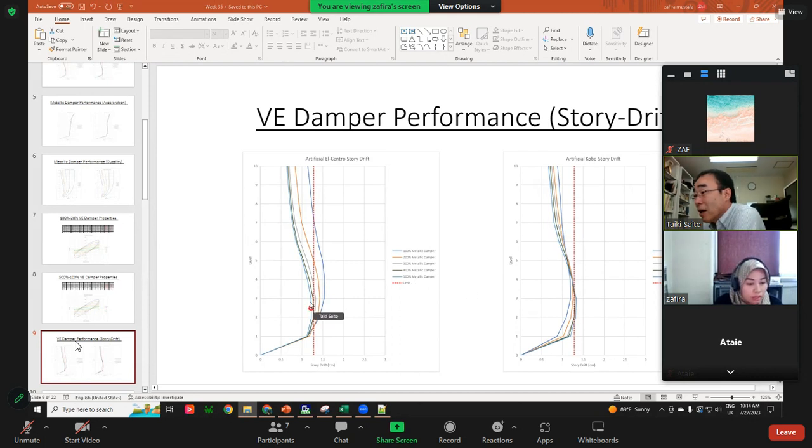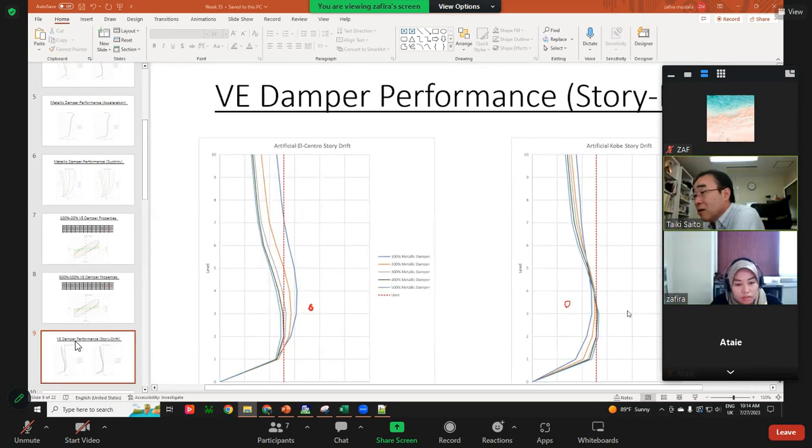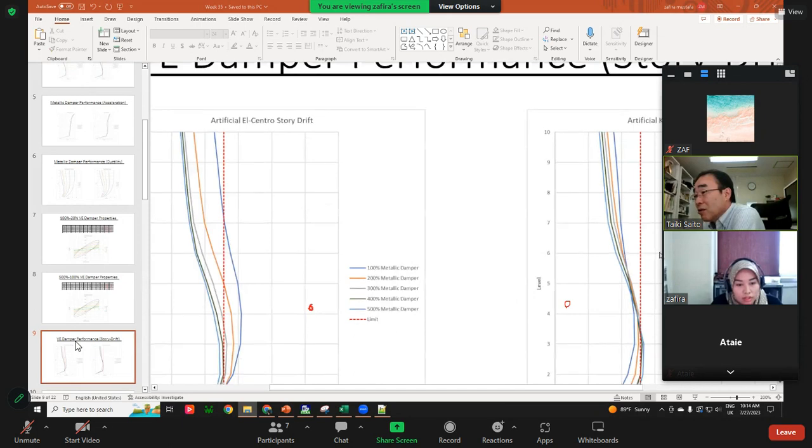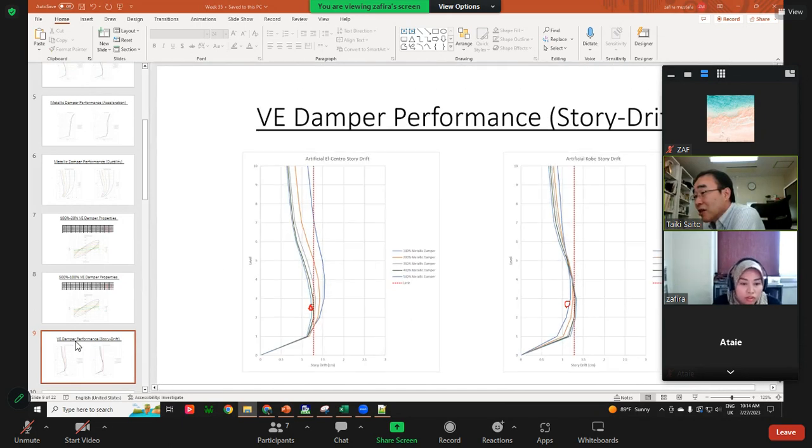So this is 500, and this is also 500. No, this is 100. So 100, El Centro is the largest, and Kobe is the lowest. Yeah, the other way around. It's like opposite.